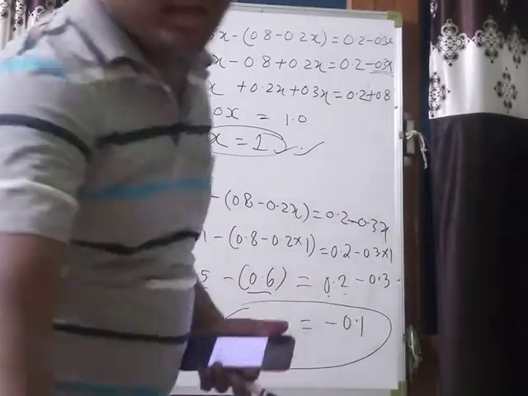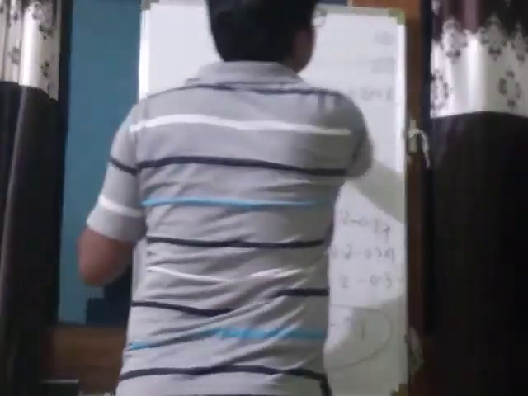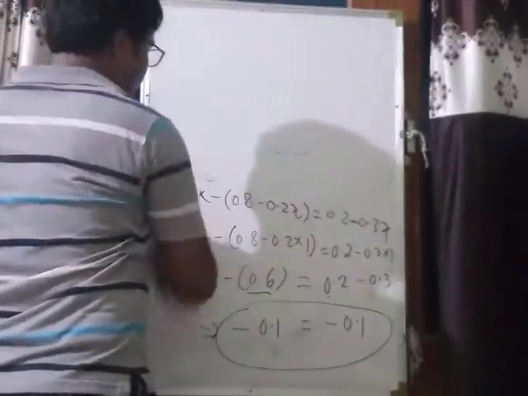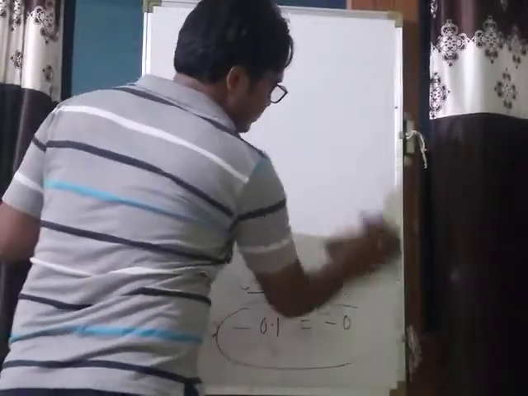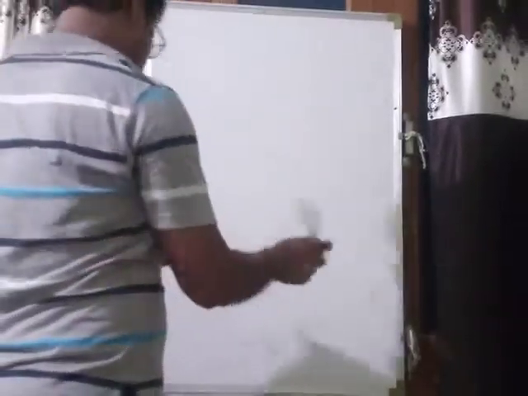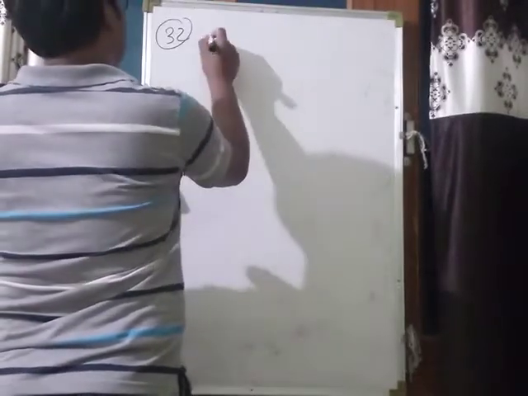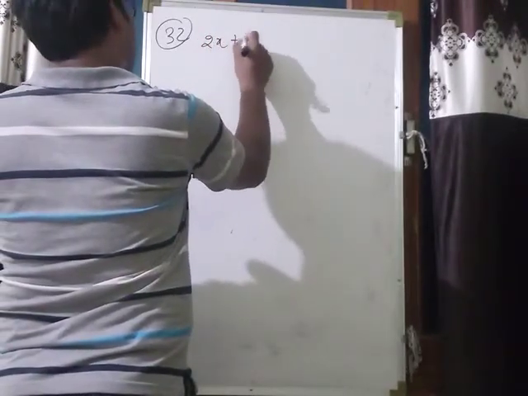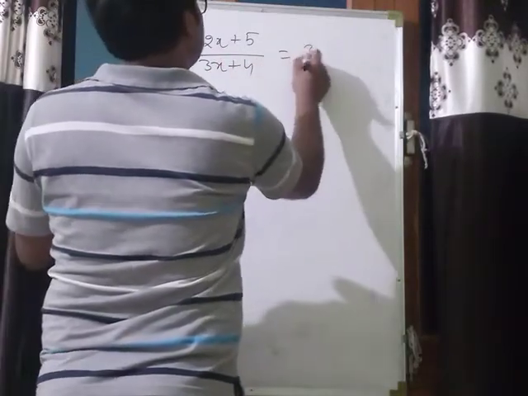Now the last question of this exercise, question number 32. I am going to solve question number 32. Let's solve (2x plus 5) upon (3x plus 4) equal to 3.